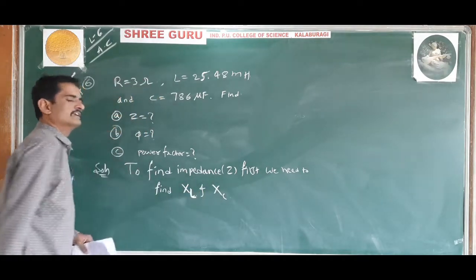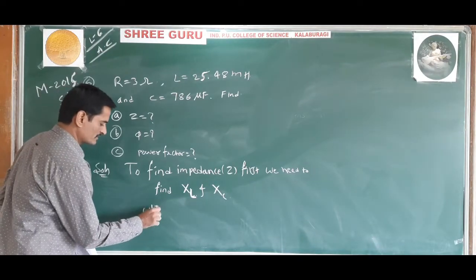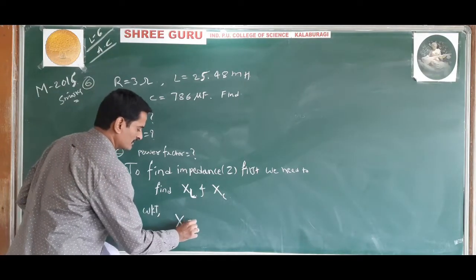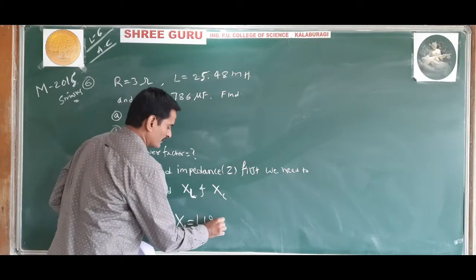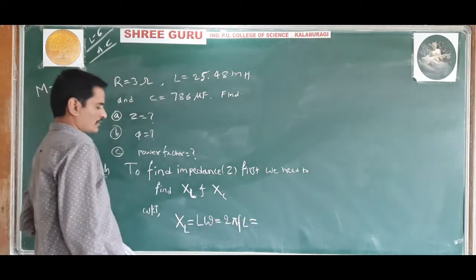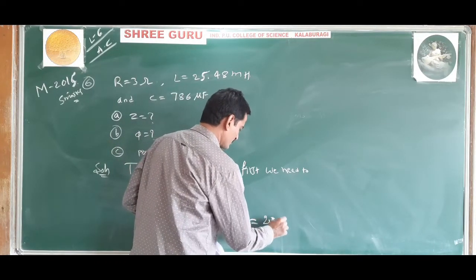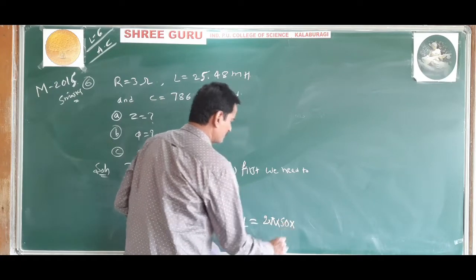That is inductive reactance and capacitive reactance. We know that XL is equal to L omega, that is 2 pi F into L. So therefore 2 into pi into F, 50, into L.